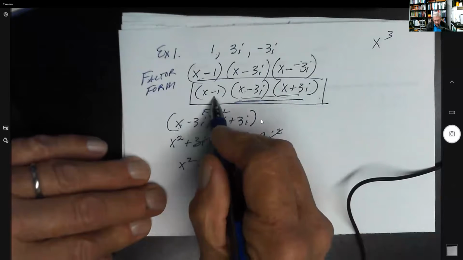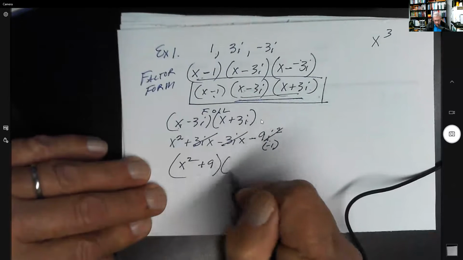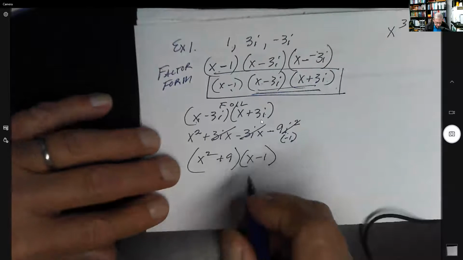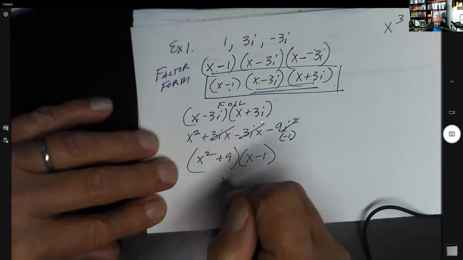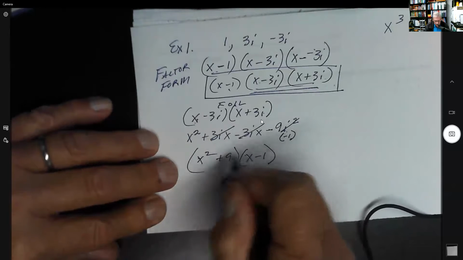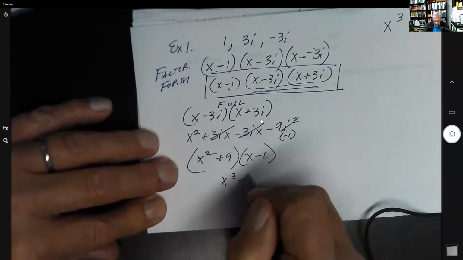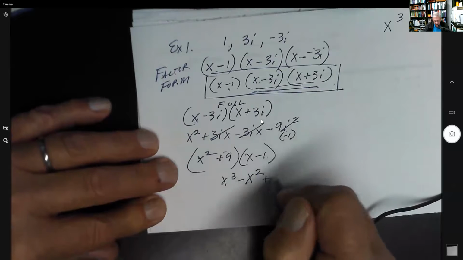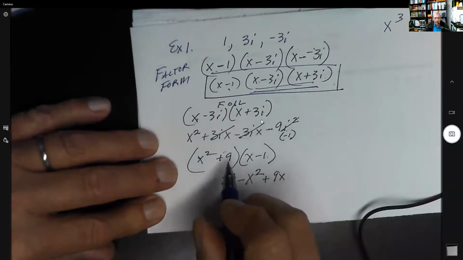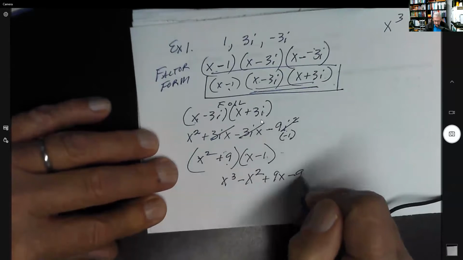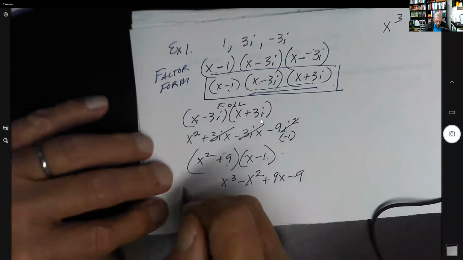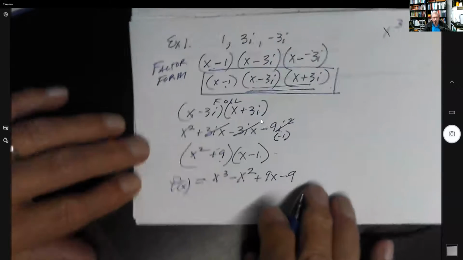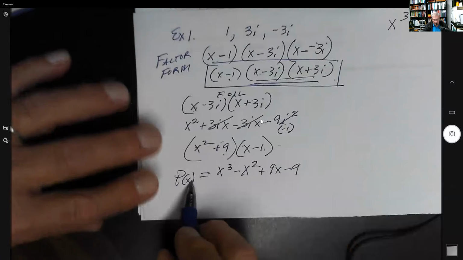Now we're going to multiply that by x minus 1. And we do a FOIL again. x cubed, see, first times first, outside, minus x squared, inside, last term times last term. And there's our polynomial. I like that, polynomial. This means polynomial of x.